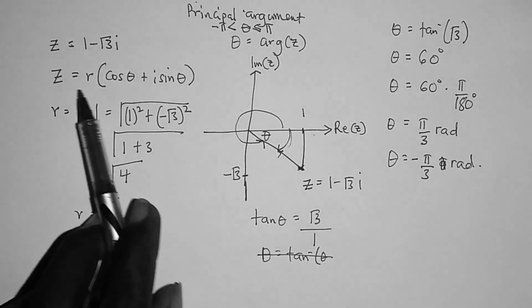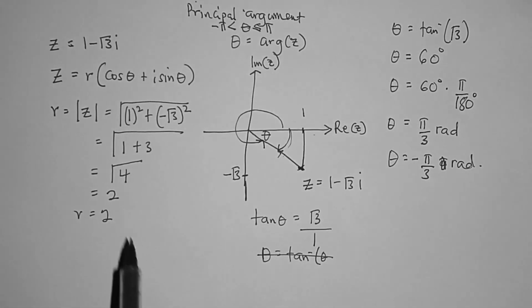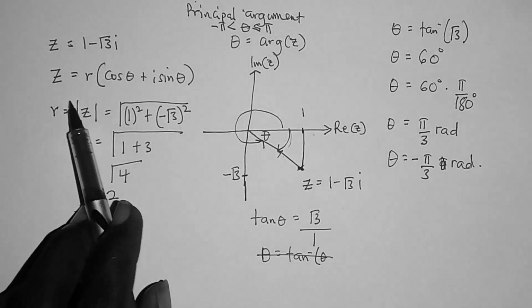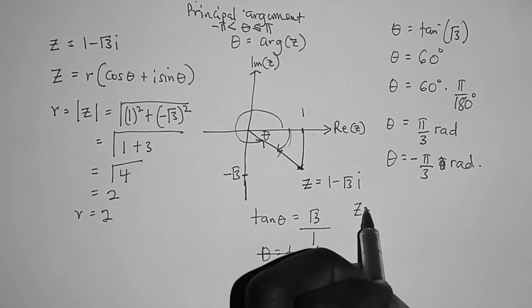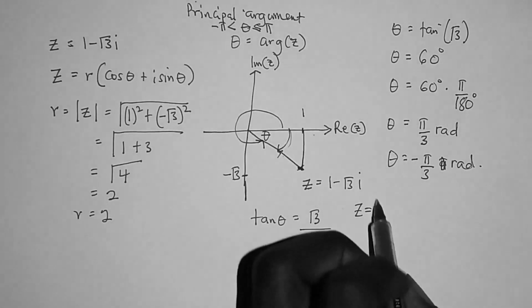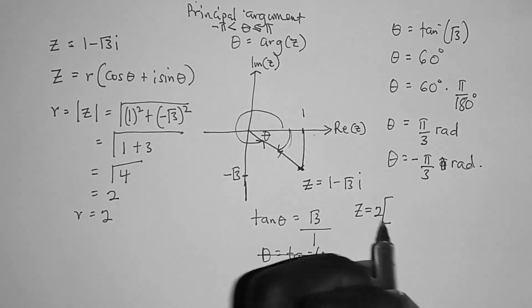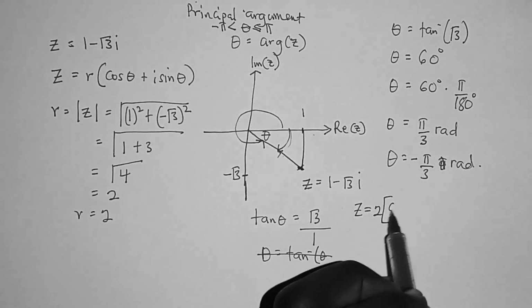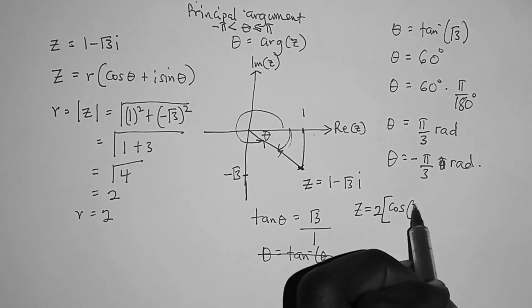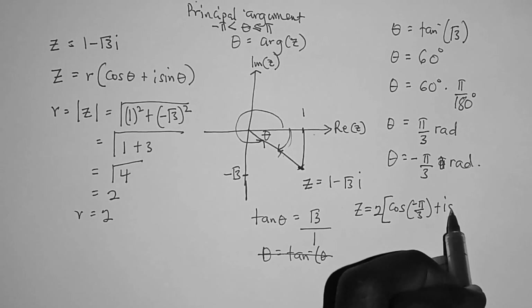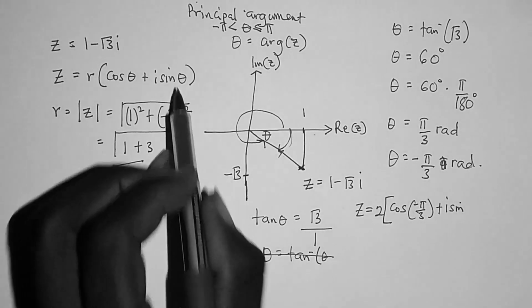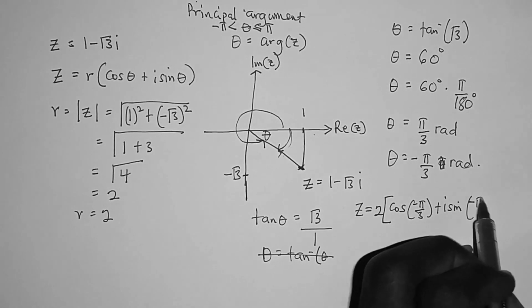Let's then write it in polar form. Therefore, z is equal to r, which is 2, times cos theta, which is cos of minus pi over 3, plus i sine theta, where theta is minus pi over 3.